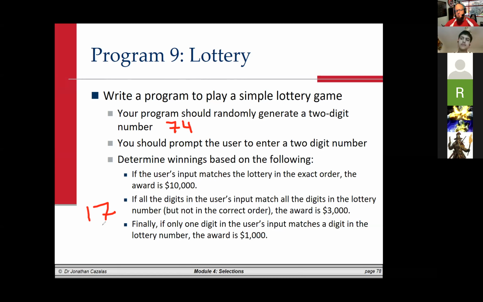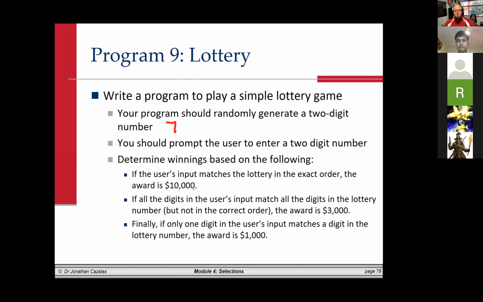They're going to win $1,000 because one of the digits matched. Or what if they enter 70? They win $1,000 because again, one of the digits matches. Or another set, they could have entered 42, and again, one of the digits matched. Or they could have entered 24, and again, one of the digits matches, and they win $1,000.